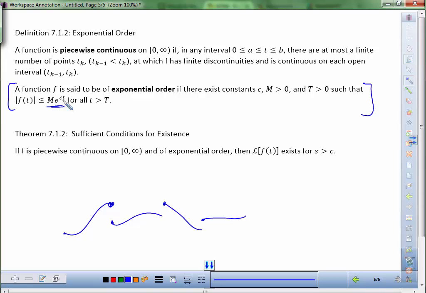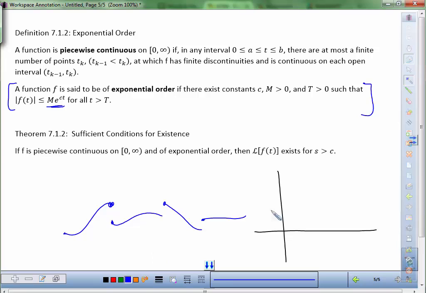So m and c are constants, and t is going to be some point in time at which you can start this inequality. Let's see if we can come up with an example. They have some interesting, good examples in the book.